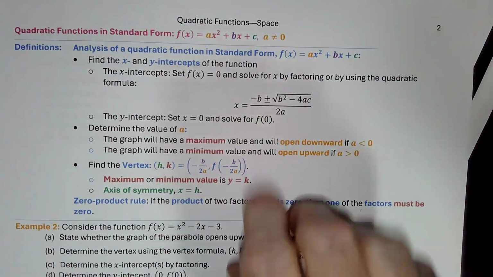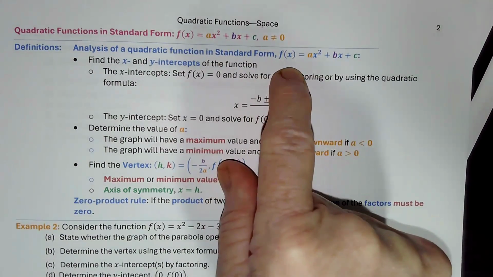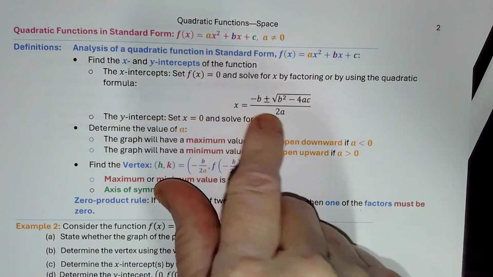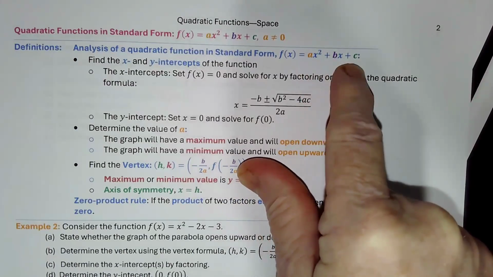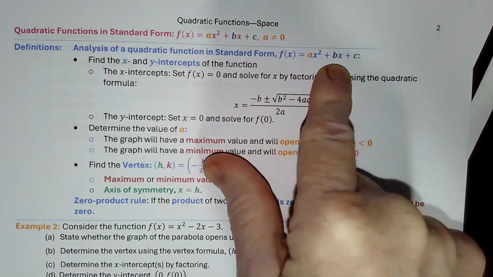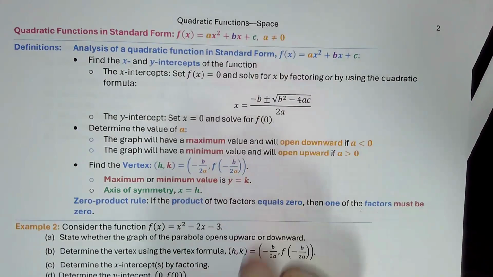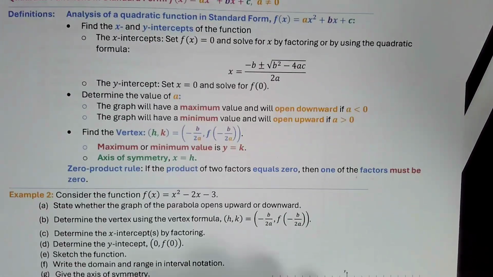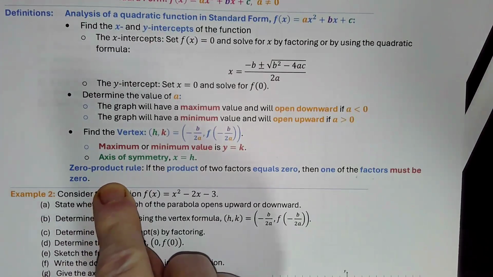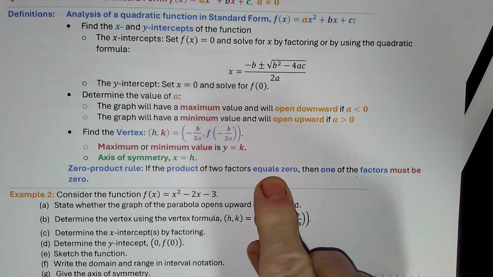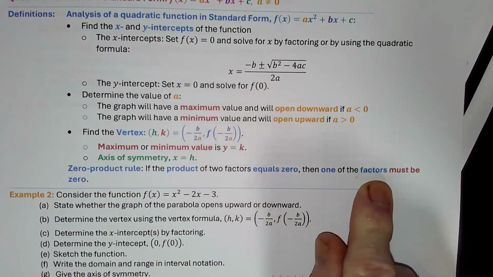To find the x-intercepts, we can use the quadratic formula, or we can factor the quadratic and set each factor equal to 0. Then we can use the zero product rule. If the product of two things is 0, then one of the things has to be 0.